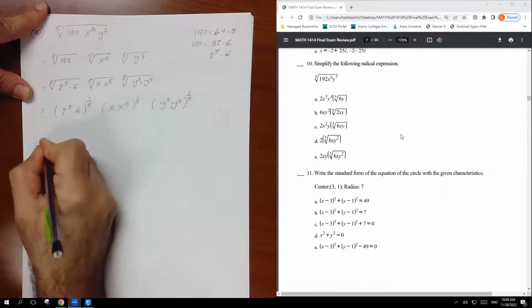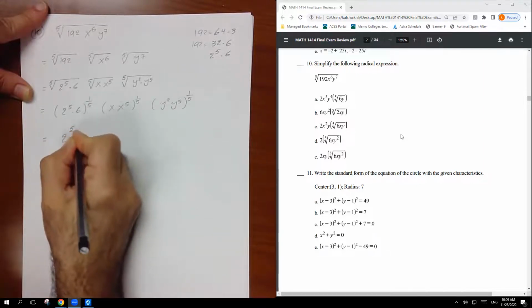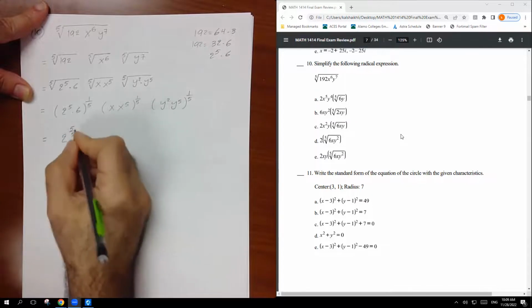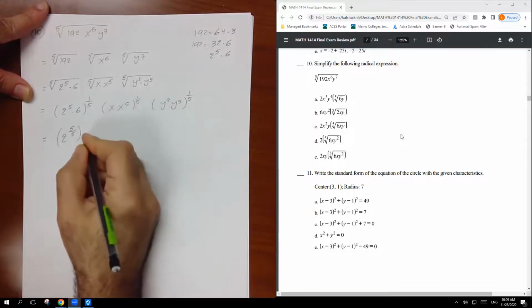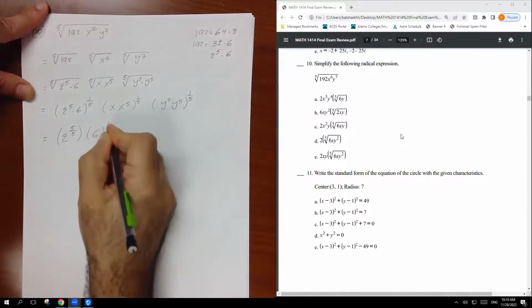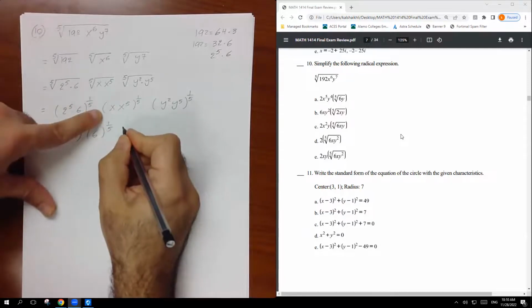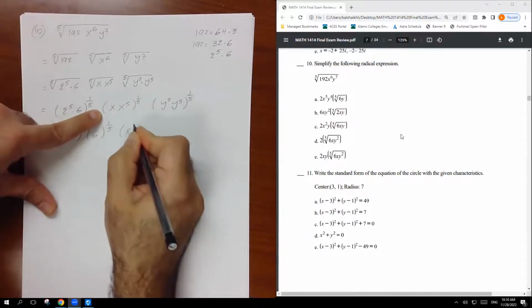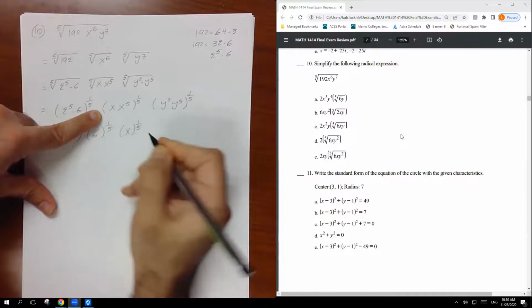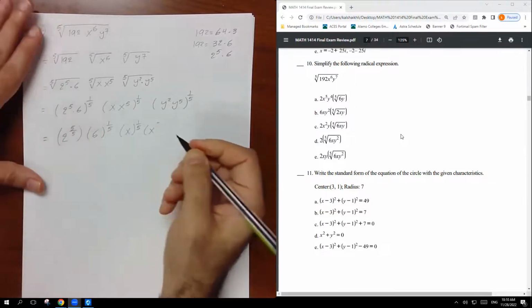That means here is going to be 2 to the 5/5. And for the second one is going to be just 6 to 1/5. And for the x, this one is going to be x to the power 1/5. And here is x to the power 5/5.